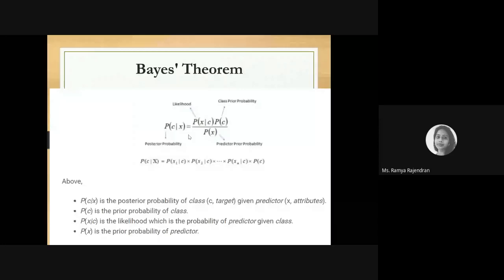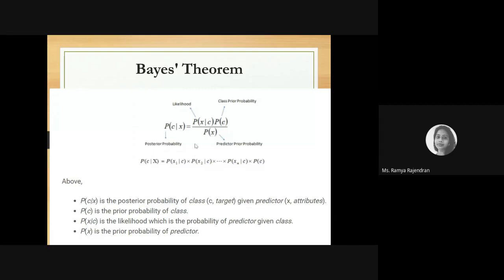Prior probability is the actual, original probability before you introduce new evidence. P of X is the prior probability of a predictor, whereas P of C is also a prior probability. This is just the usual probability that you always have before you introduce evidence.